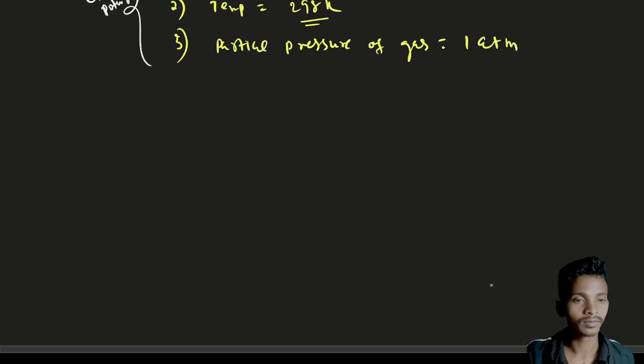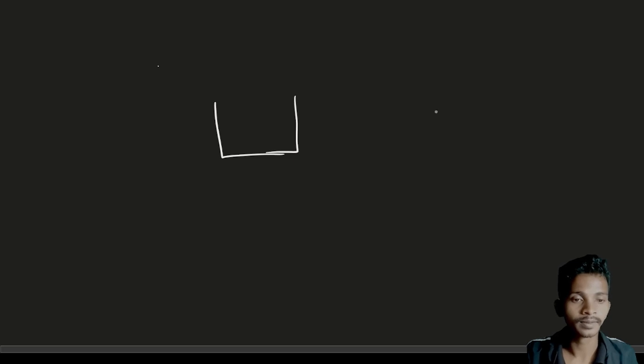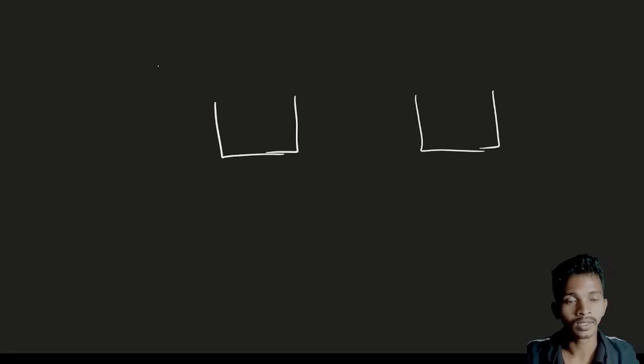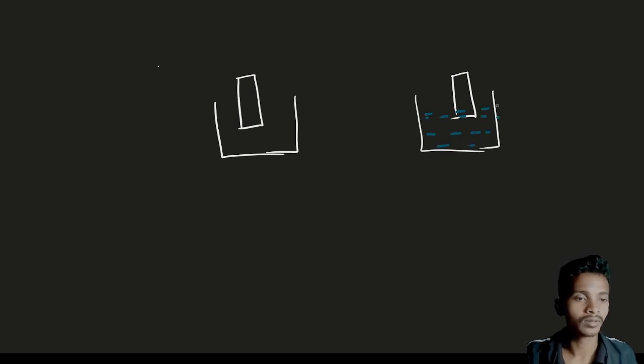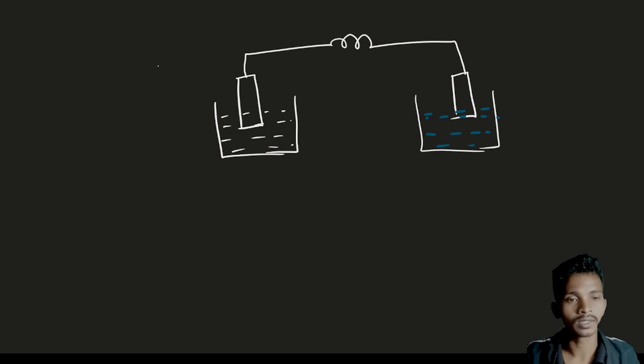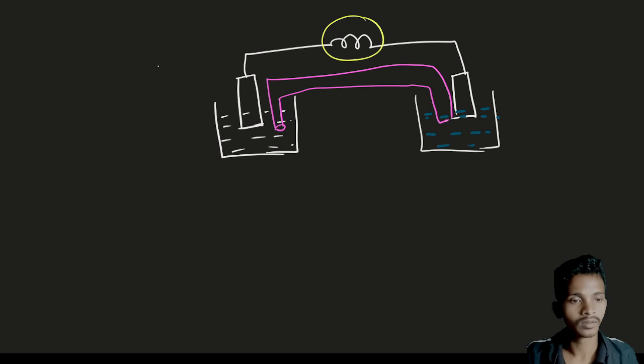Okay, so let's say I take two beakers, as I discussed in galvanic cells. Let's say I take any electrodes and any electrolytes. I connect them to a bulb so that I can tell whether current is produced or not, and I will connect a salt bridge.